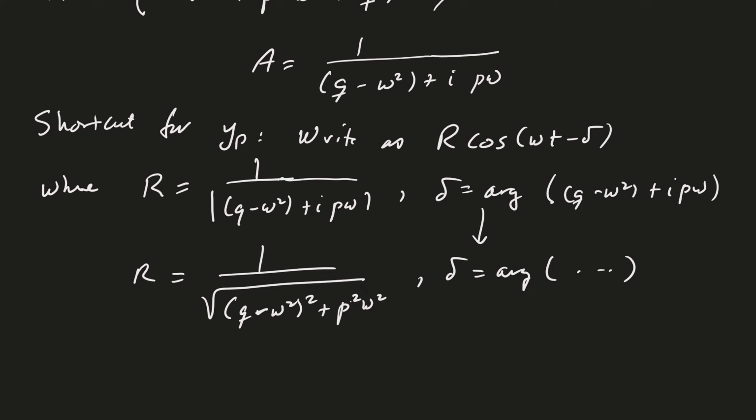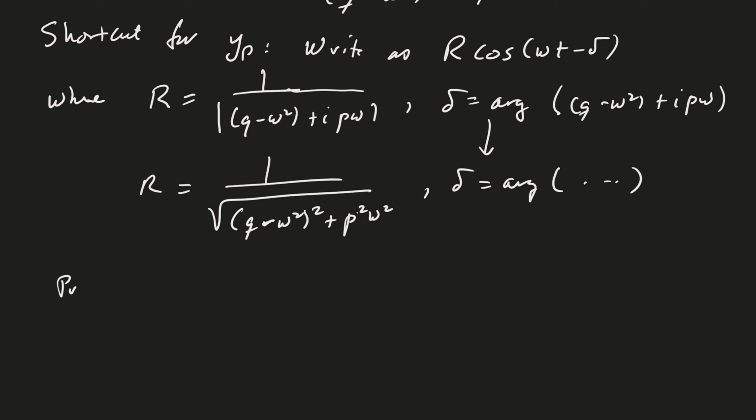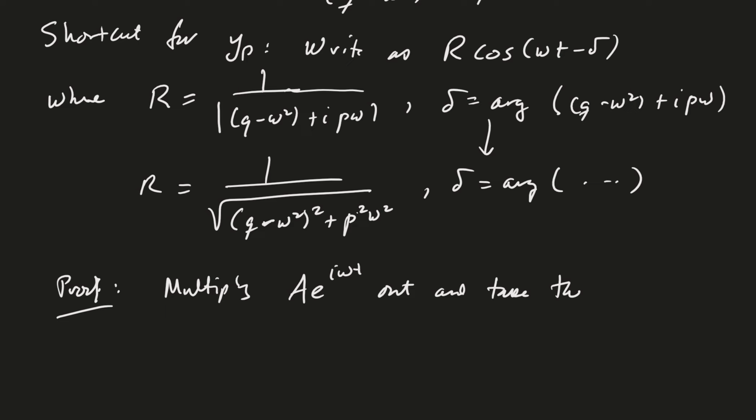Okay, now we could prove this, but it's really just algebra. And what is the algebra? The proof here is what you would get if you multiply a e to the i omega t out, and then take the real part, and then write that as r cosine of omega t minus delta.